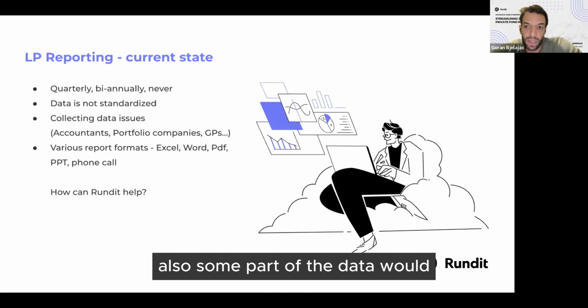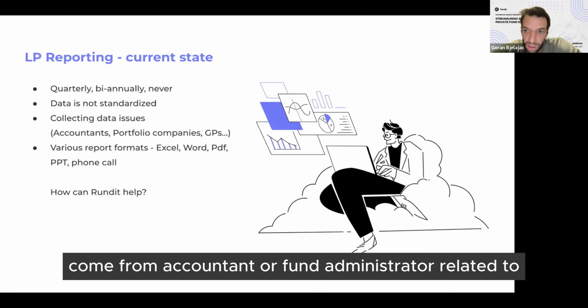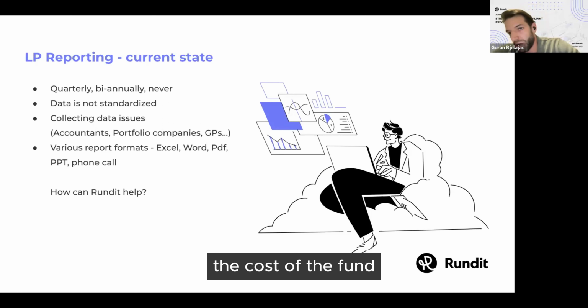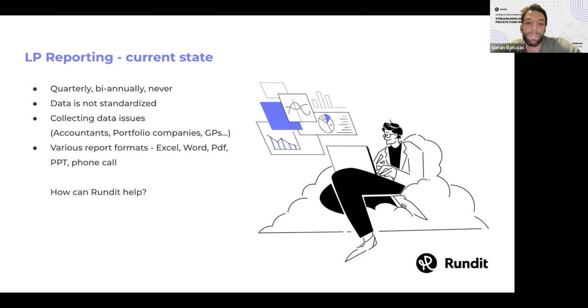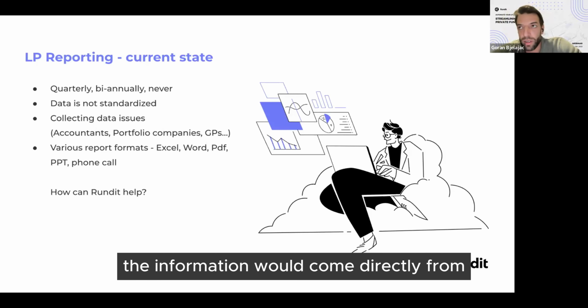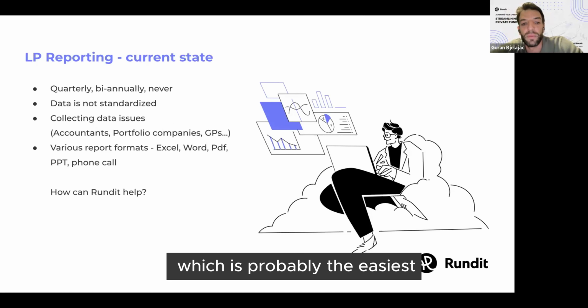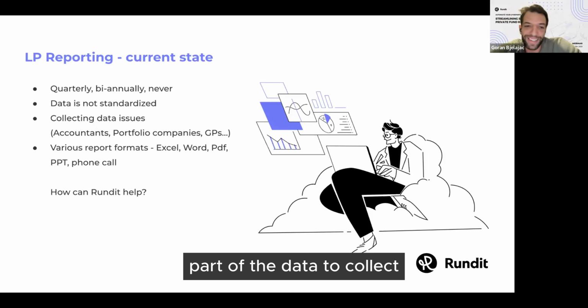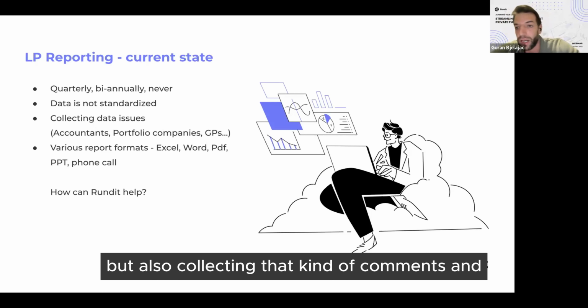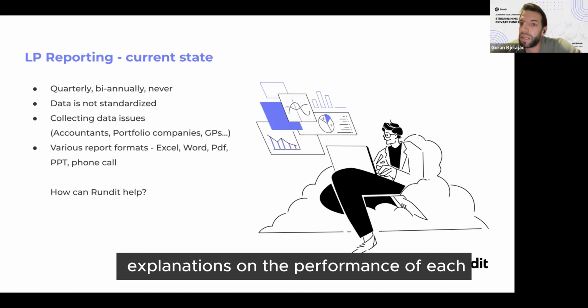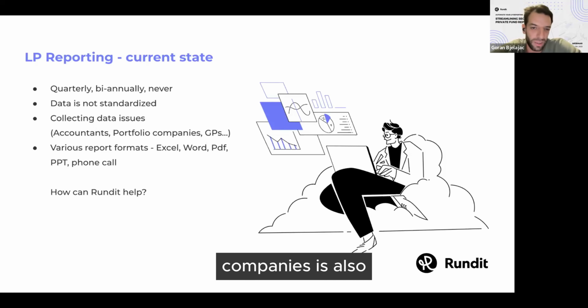Some of the data would come from the accountant or fund administrator, related to the cost of the fund, carries, and management fees. And some of the information would come directly from the GPs themselves, which is probably the easiest part of the data to collect, but collecting comments and explanations on the performance of each company is also a tiresome task.